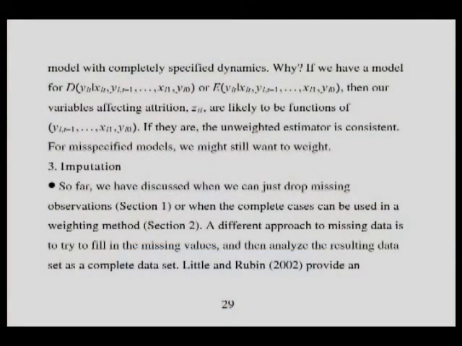A related point is that if you start by assuming that your model is what some like to call dynamically complete, so in other words, if you have specified the distribution conditional on everything in the past, say a conditional mean if you're doing least squares, this really reduces the role for weighting, okay?